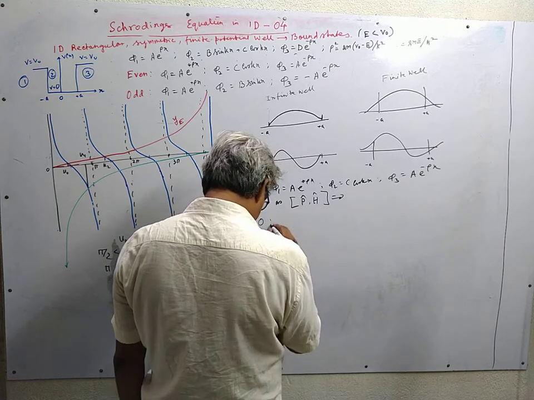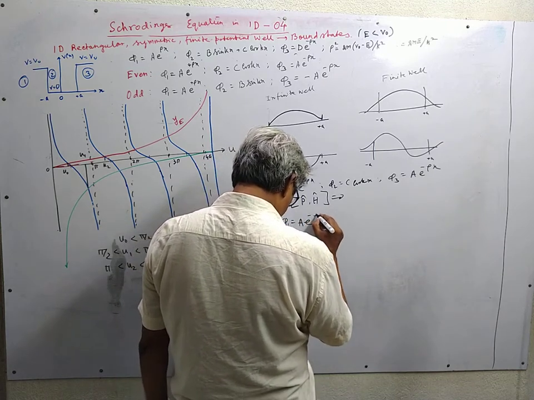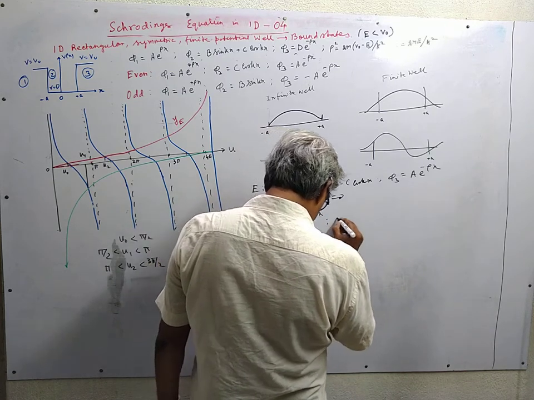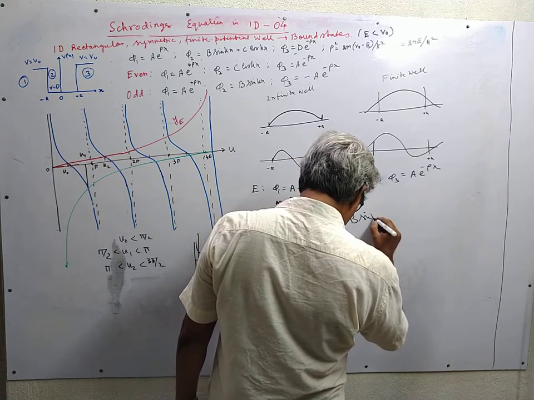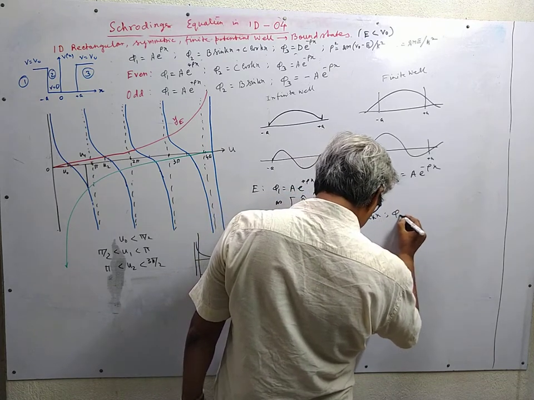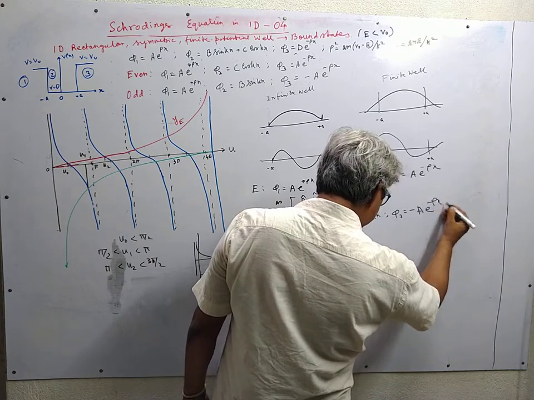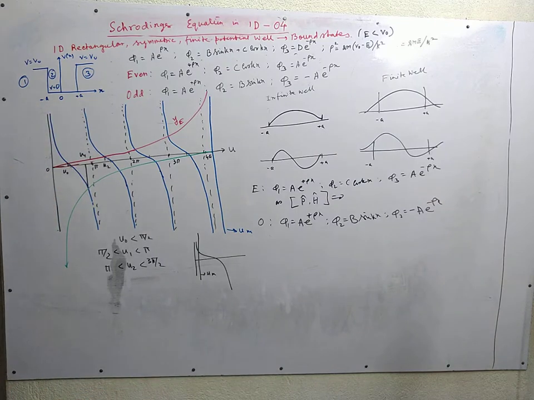And for odd parity states, we will have phi 1 equal to A e to the power plus rho x, phi 2 equal to B sine kx, and phi 3 equal to minus A e to the power minus rho x, and then follow the calculation that we have done.